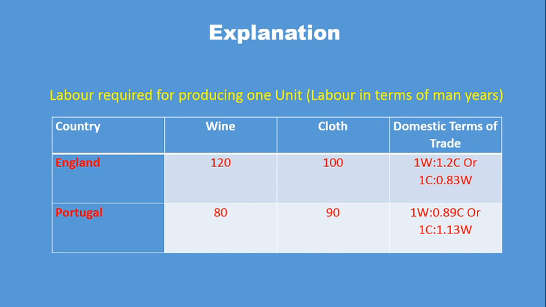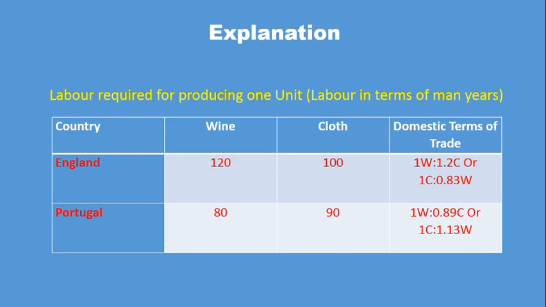On the other hand, the production of 1 unit of wine and clothes in Portugal requires 80 and 90 man-years respectively. It means the cost of producing both commodities is lower in Portugal.